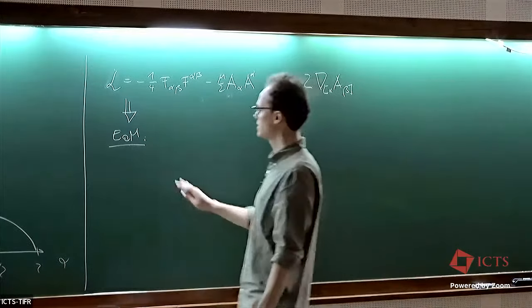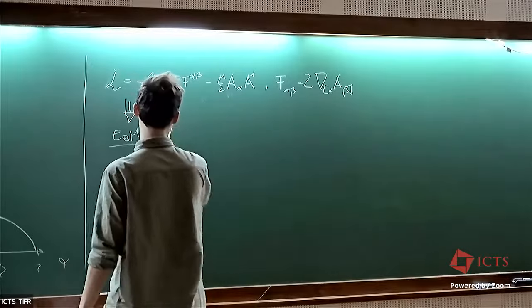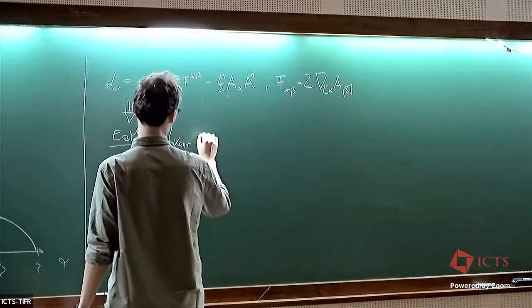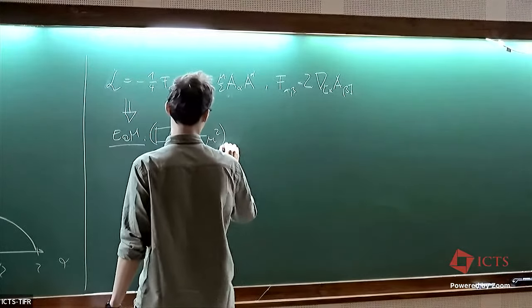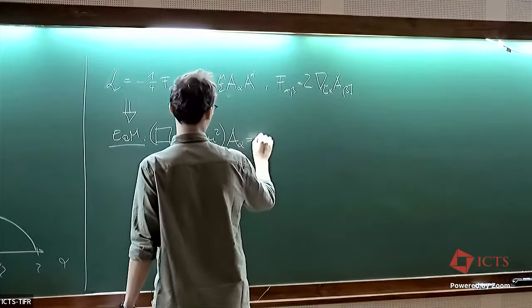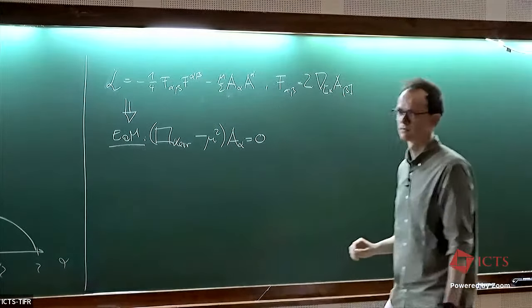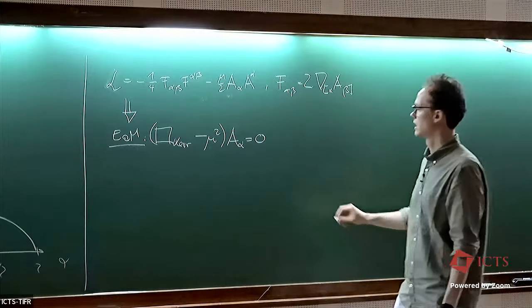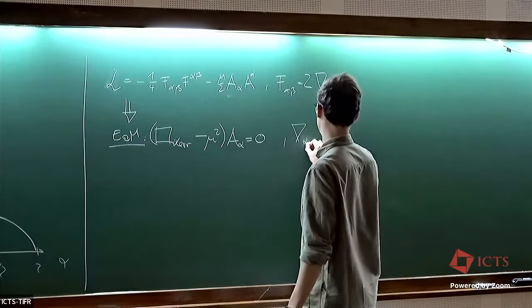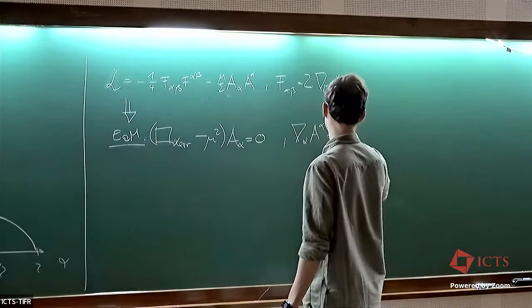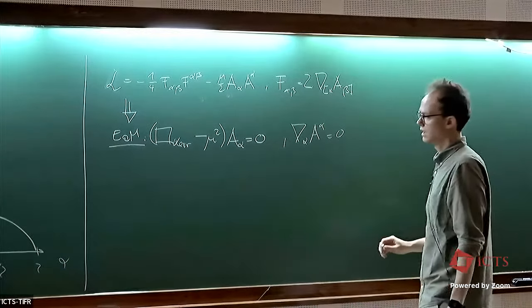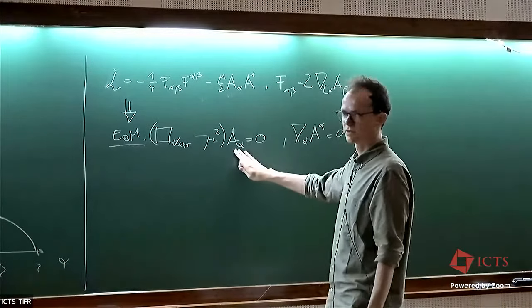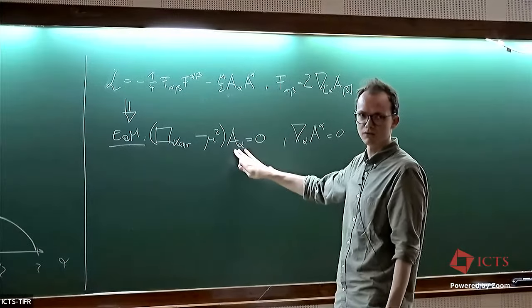So basically, the equations of motion that you get here is this, okay? Under the assumption that, and so really the only thing you did was replace the phi by an A alpha.